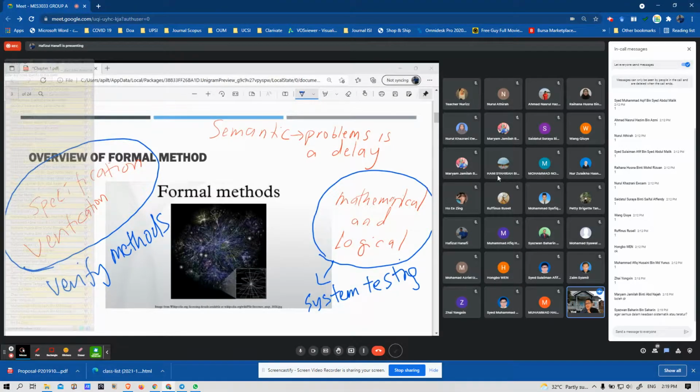Basically, why do we use formal methods? Firstly, the reason is to model a complex system. A complex system must use formal methods because of the mathematical entities. We use formal methods to model the complex system.